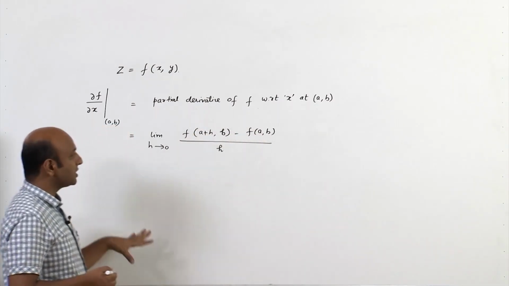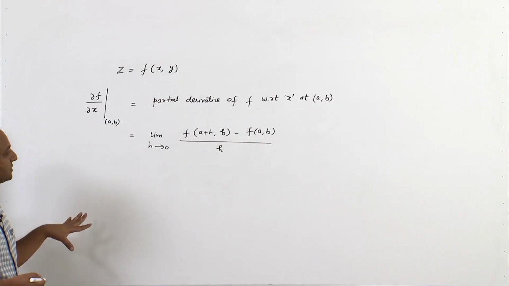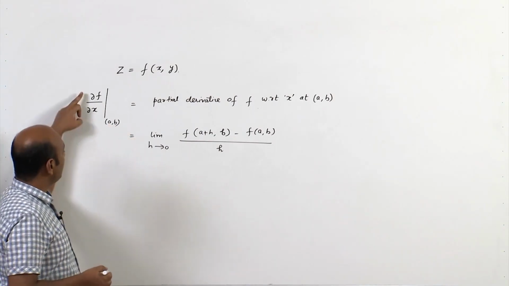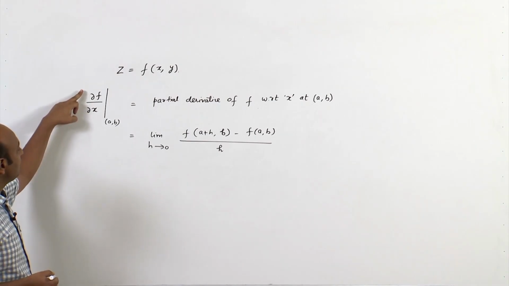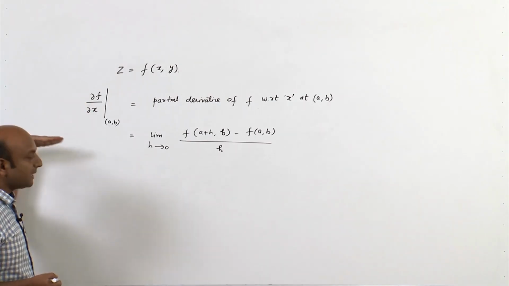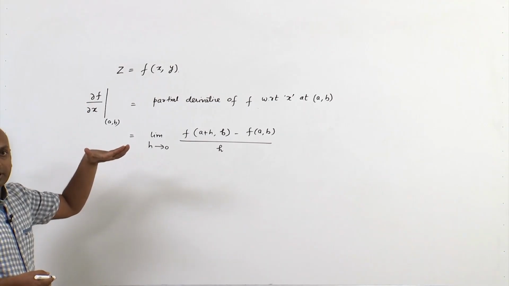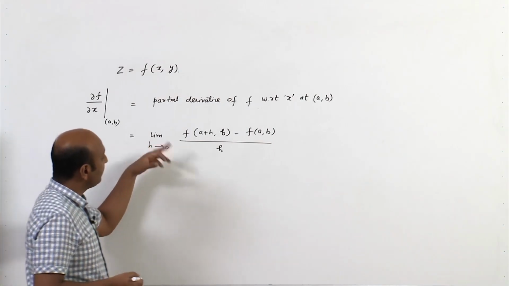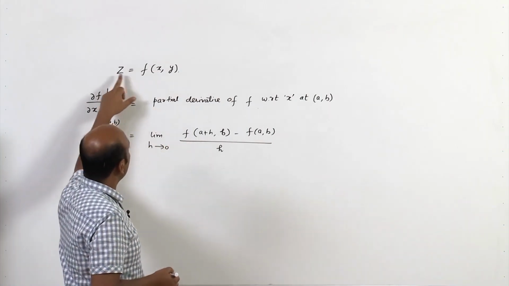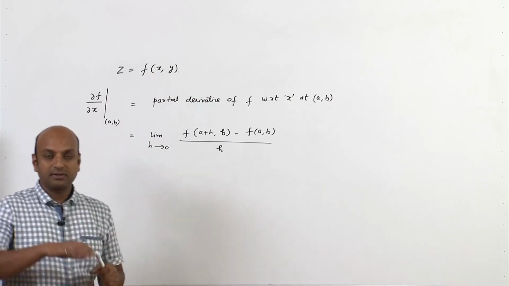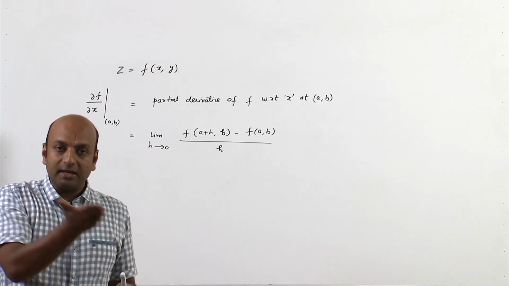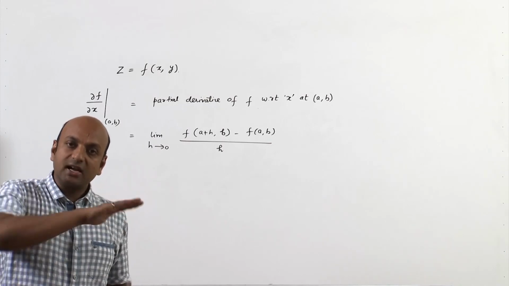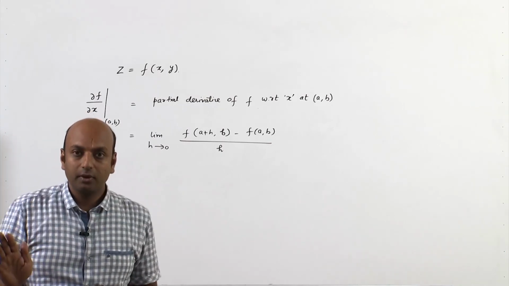Now, what does it give? It simply gives the rate of change of f along the x axis, or the rate of change of f along the i cap direction. Or we can define it like this: z equal to f(x, y) is some surface. Now, y equal to b is a plane which cuts this surface into a curve.